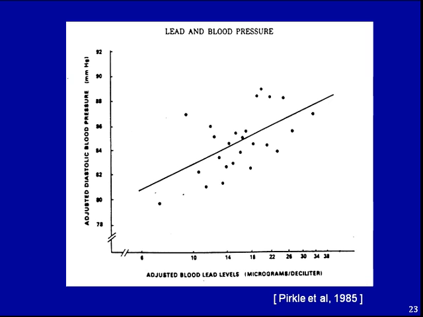Let me show you the next slide, which was from a study taken from a subset of this NHANES finding, published by James Pirkle at the CDC. This shows on the x-axis the adjusted blood lead levels after adjusting for covariates, and on the y-axis, the diastolic blood pressure.